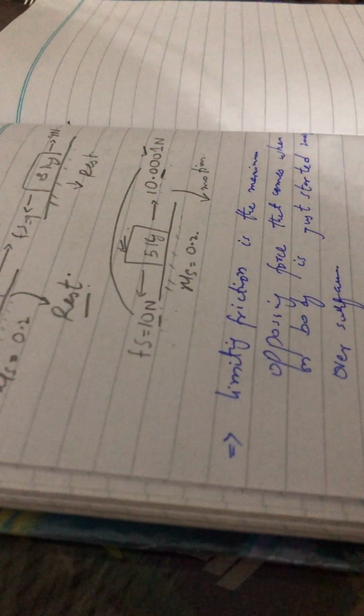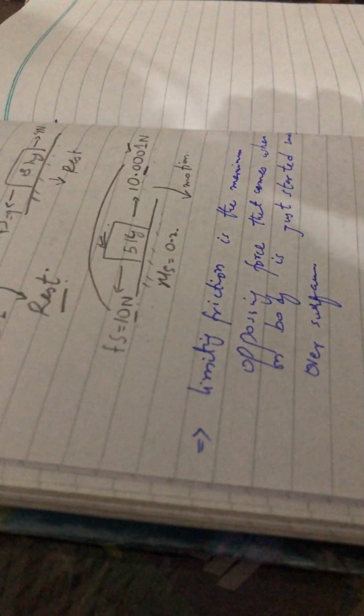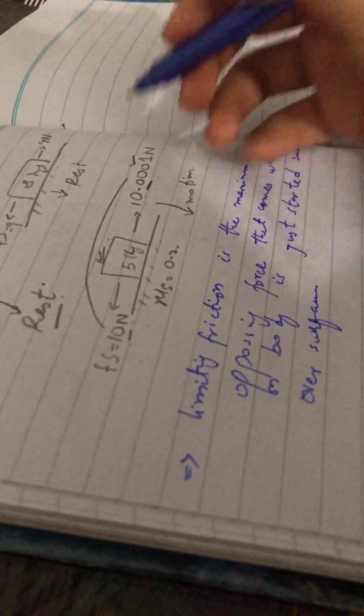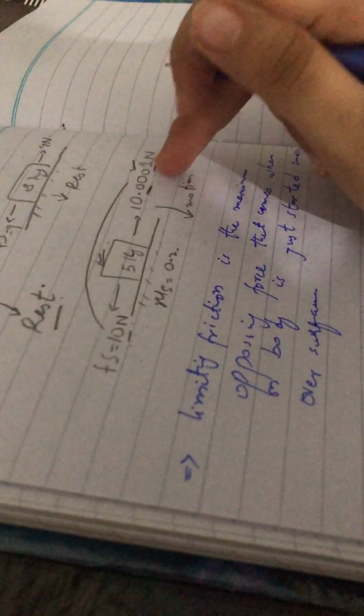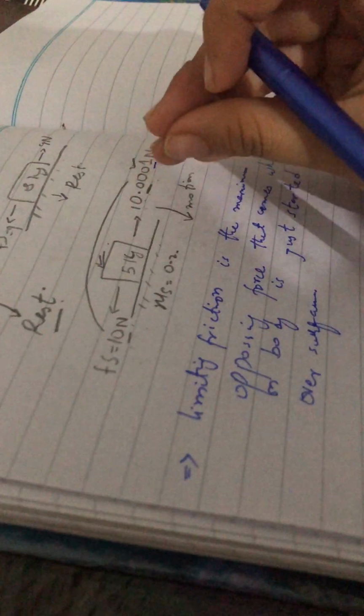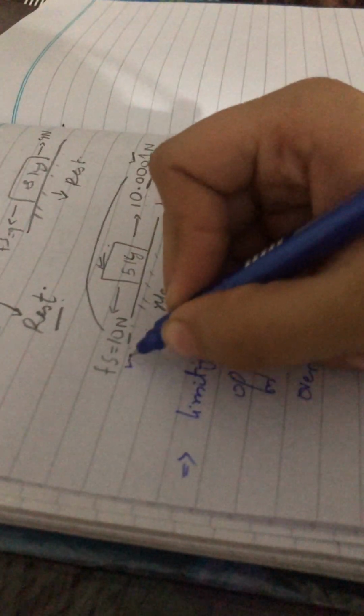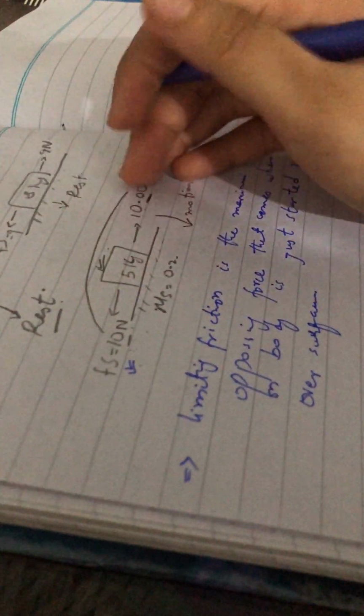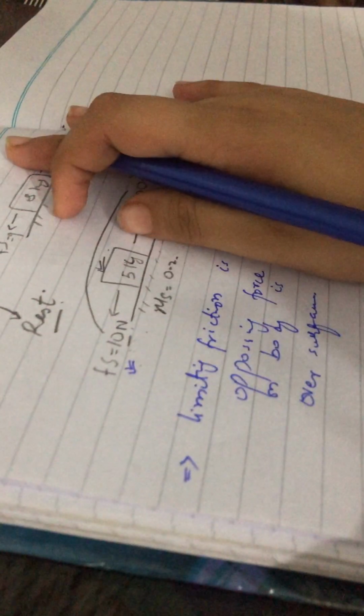Limiting friction is the maximum opposing force that comes when one body has just started moving; the applied force is more than the static friction, so this body will start moving over the surface. That is called the limiting friction.